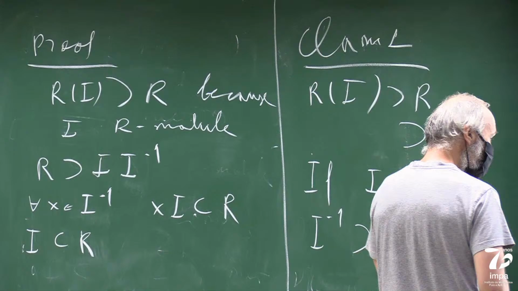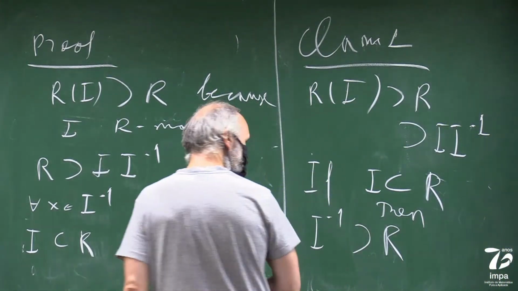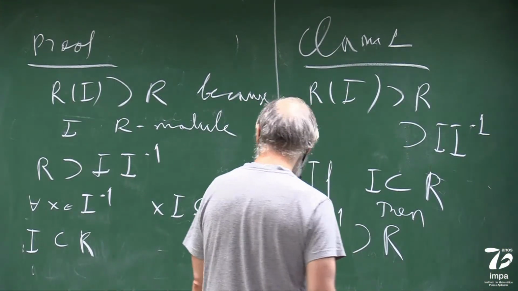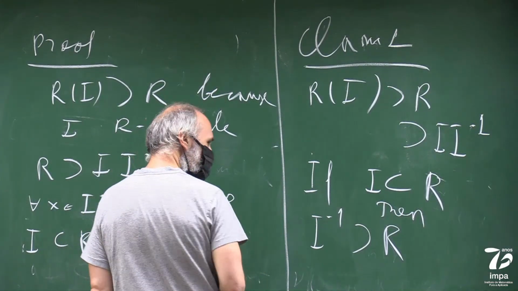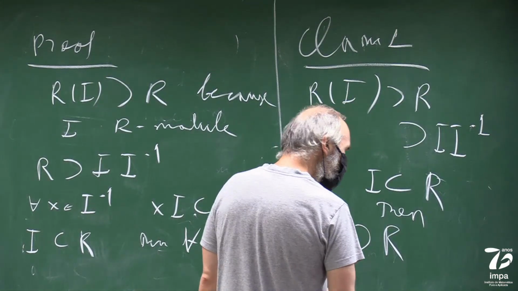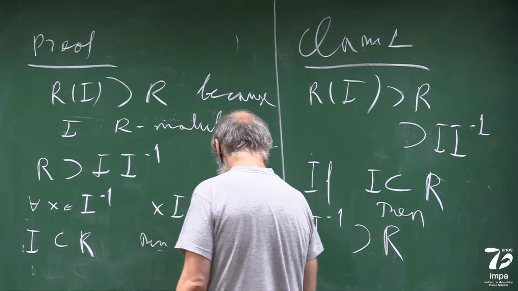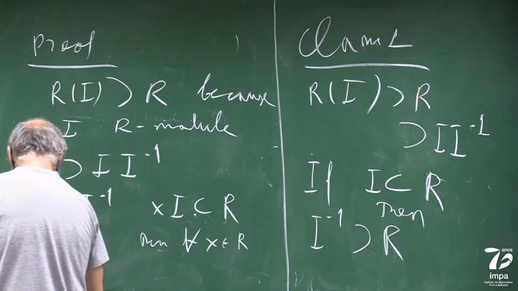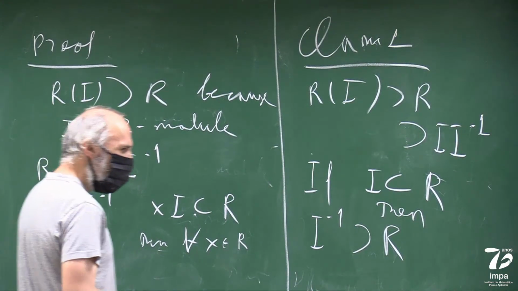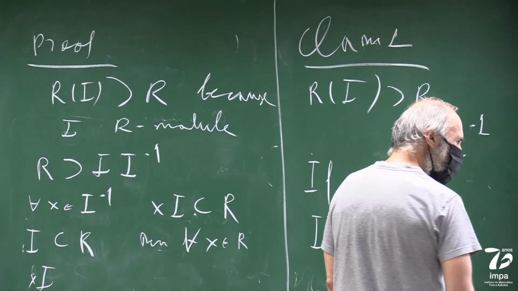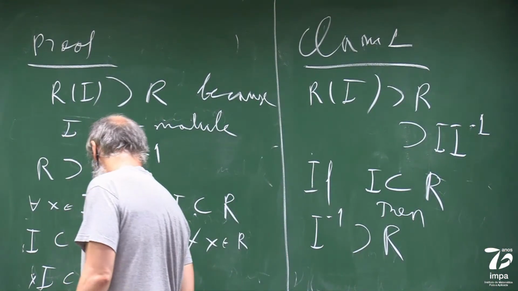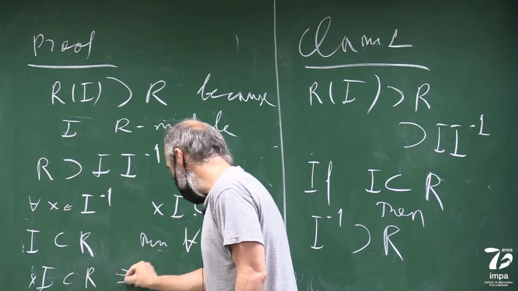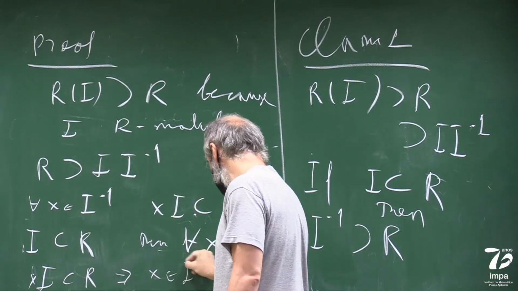If I sits in R, then for each x inside R, we have xI sits in R. And this implies that x belongs to I minus 1.